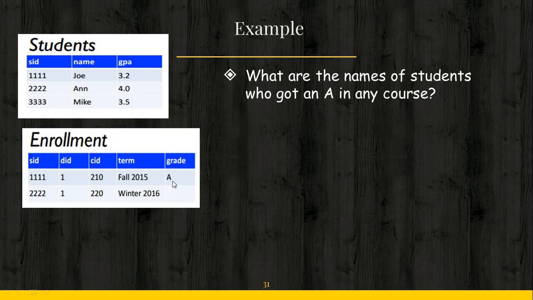If the grade is A, then we will check who the ID is. But we don't know what the name is from this table. So we have to go to the students table and look up who SID 111 is and what the name is. So if this SID and this SID are equal, then we can get the student's name.